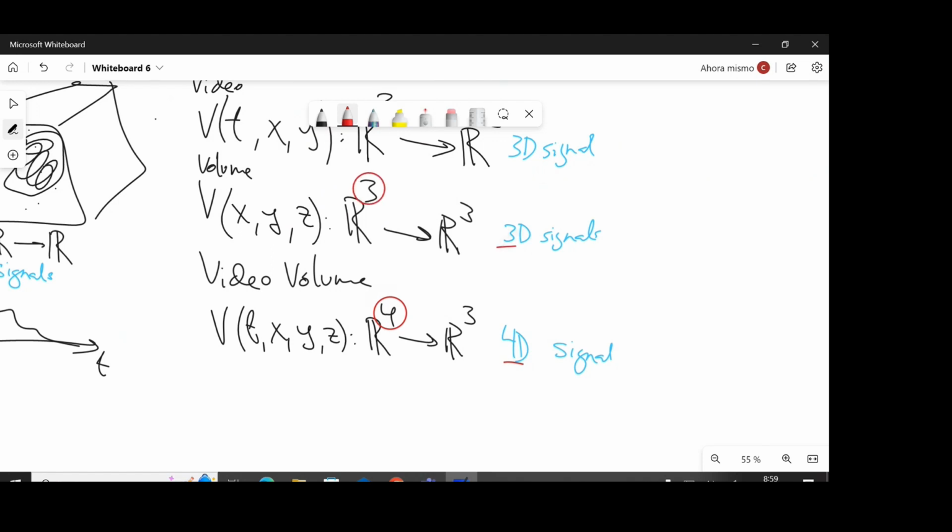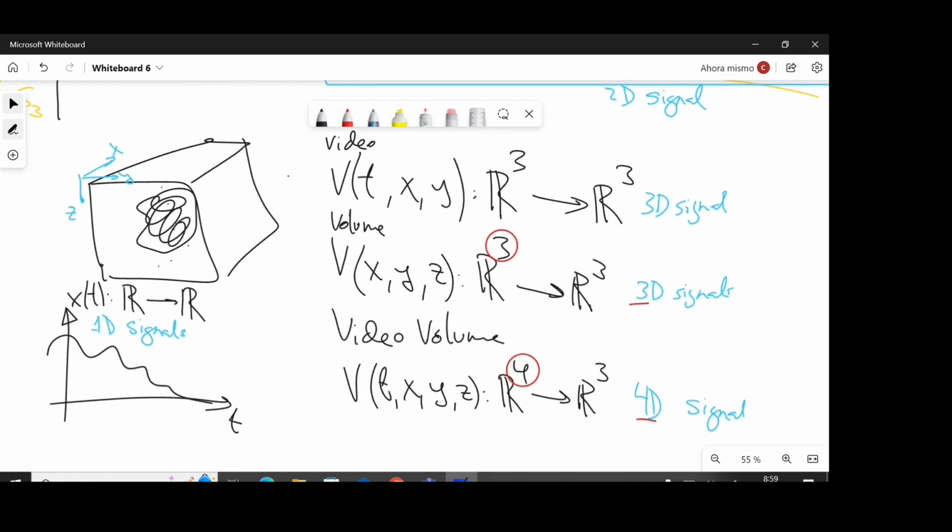So when we say that this is a 1D signal, we are referring to the exponent, this one here that we haven't written. So the 1D, 2D, 3D borrows its number from the dimension of the domain.